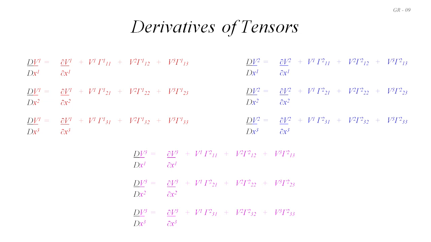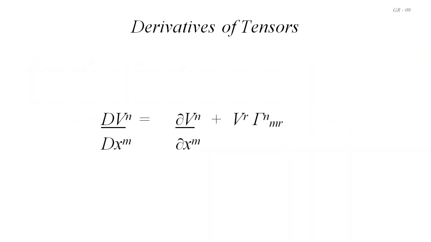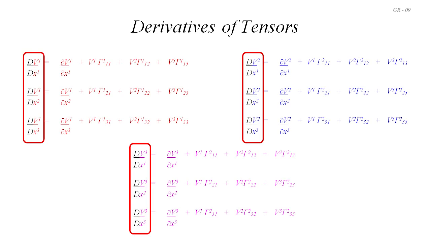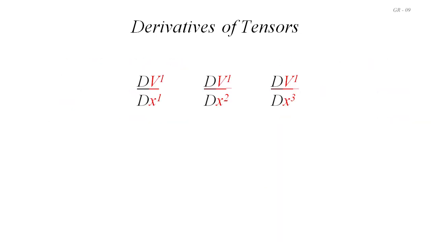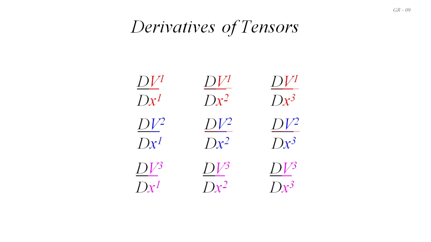At this point, we don't really need to think about the details of the 9 equations, in other words, how we would calculate the right-hand side. We only need to be aware that in taking the covariant derivative of a vector in 3 dimensions, we get 9 derivatives or components. We could spread these 9 things out in a 3 by 3 matrix like this, where we've kept the colour coding. And they are, in a sense, the 9 components of the new thing that has been created by taking the covariant derivative of the 3-dimensional vector v.